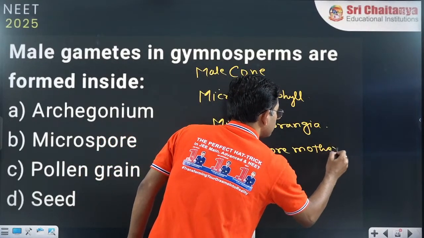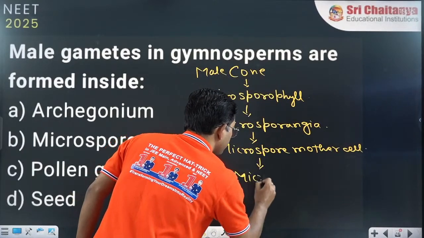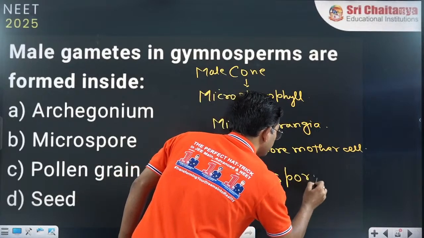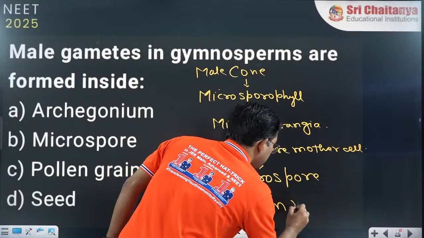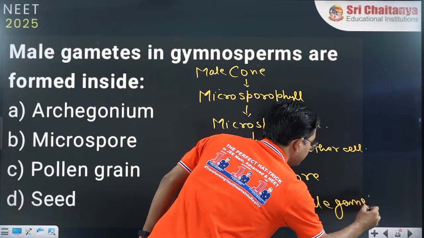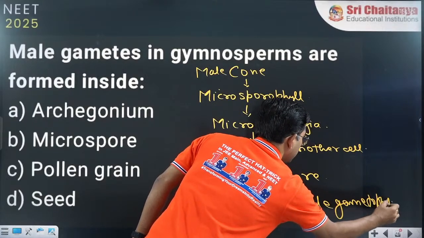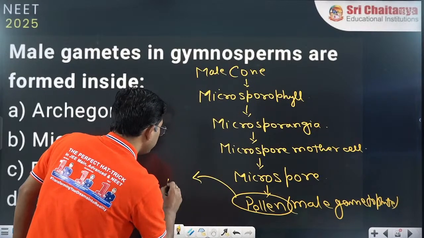This microspore mother cell forms microspore, and this microspore forms pollen grain, that is male gametophyte. Now, this pollen grain has male gamete.